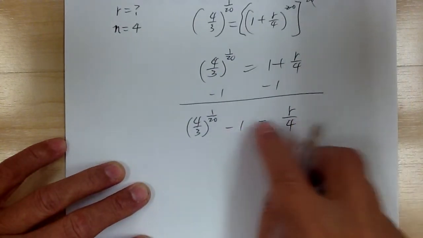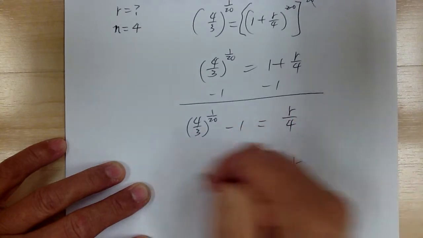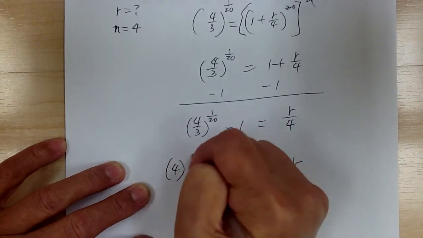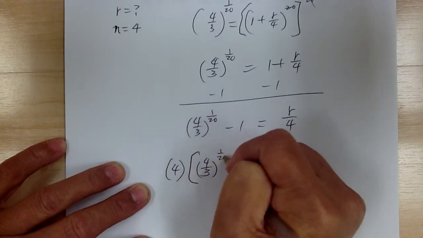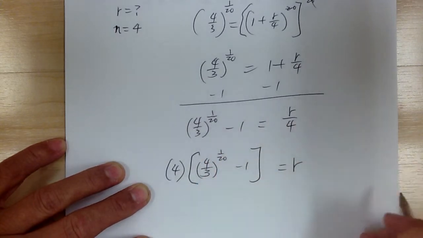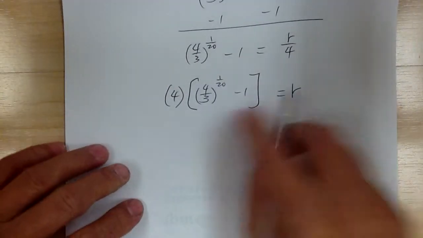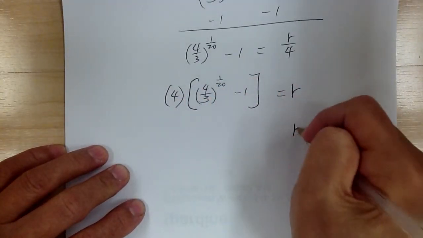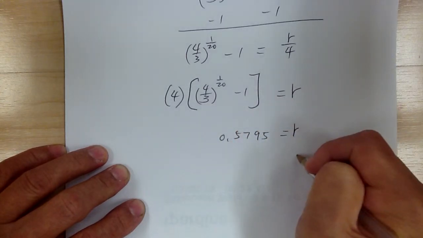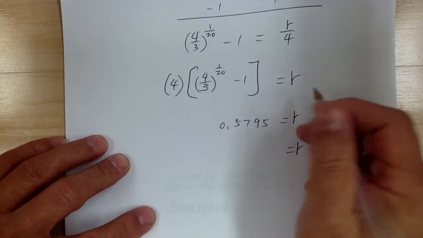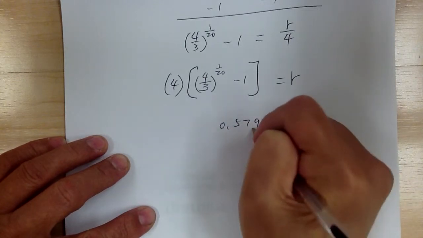And after that, multiply by 4. So it'd be 4 times 4 over 3 to the 1 over 20th power minus 1. And after that, you can enter all this in the calculator. So R equal to 0.05795. And then you have to convert into percents and round it off.